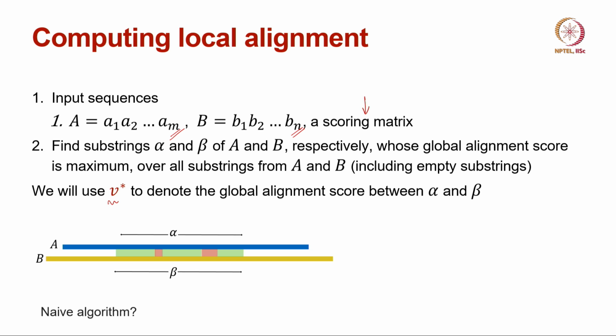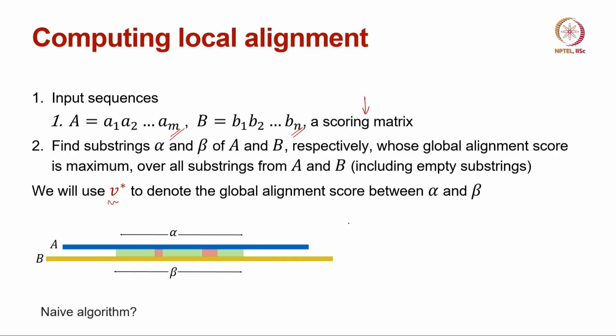Now, how would you solve this problem? Well, one brute force way to solve this problem may be to look at all possible substrings of sequence A and all possible substrings of sequence B one by one.